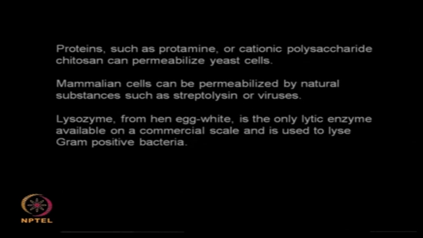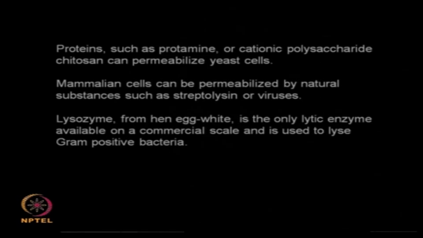We can also use proteins like protamine or cationic polysaccharide, chitosan, to permeabilize these cells. If you have mammalian cells, they can be permeabilized using even viruses, very interesting. We can use some virus which can permeabilize mammalian cells.